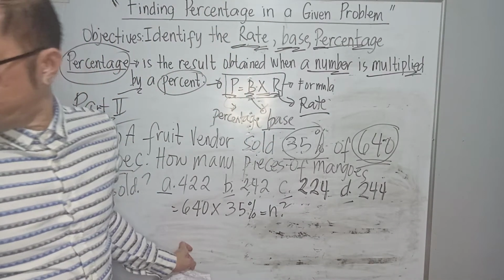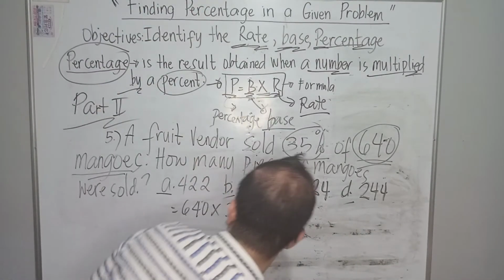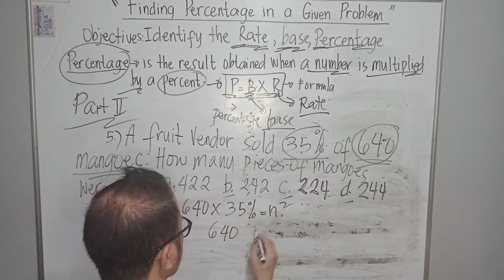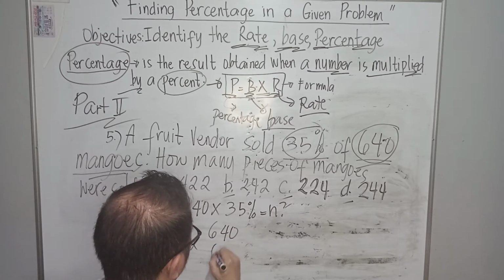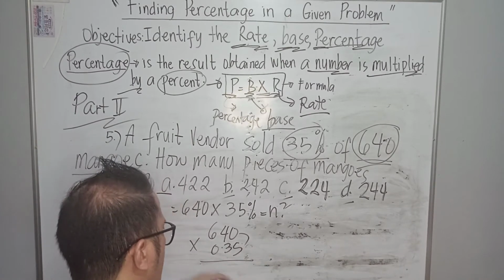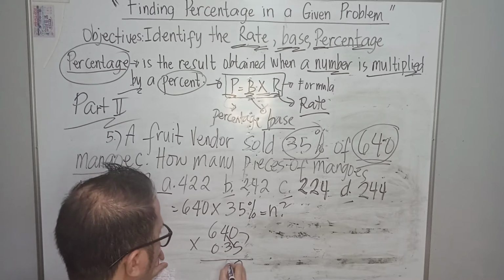So now let us solve here, my dear viewers, on how to do that. Let us multiply here. 640 times 0.35. Let's start first here. 0 times 5 is 0. 4 times 5 is 20.